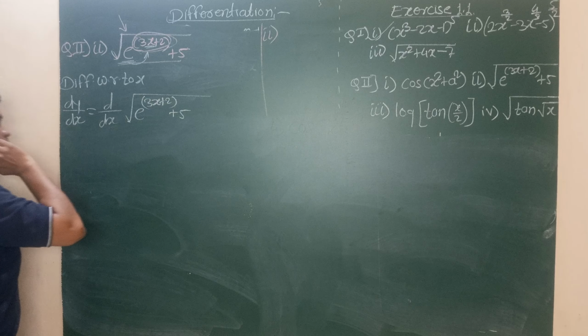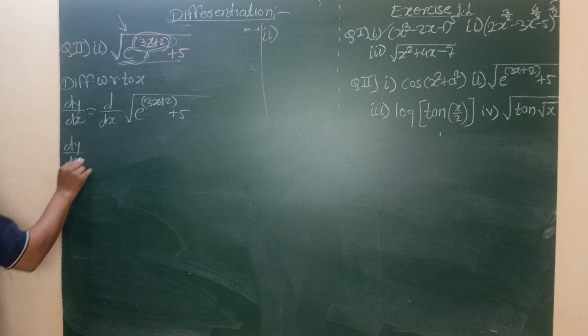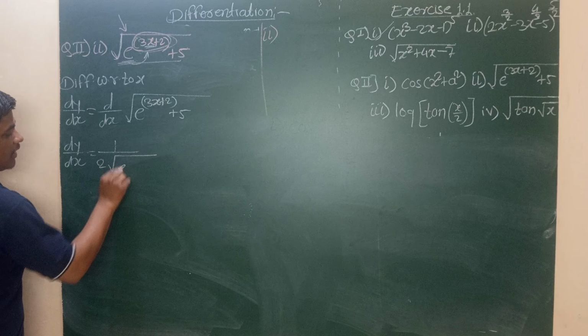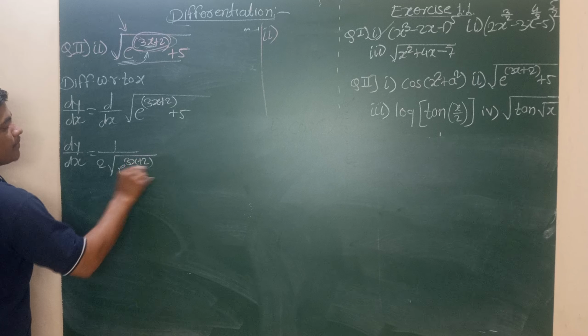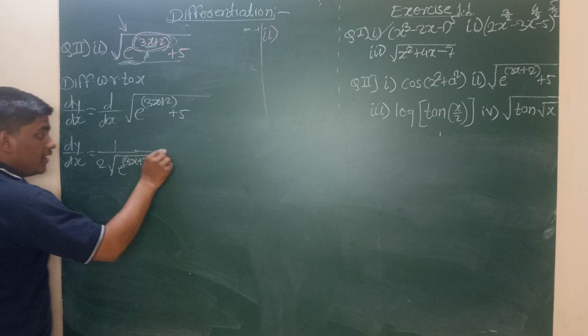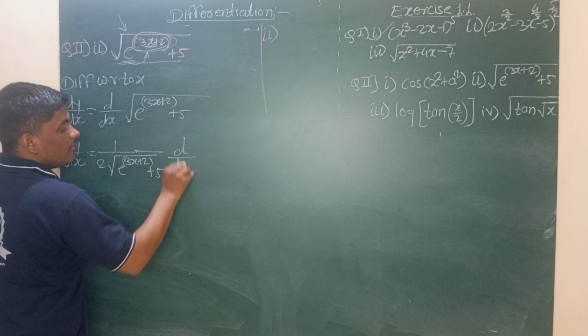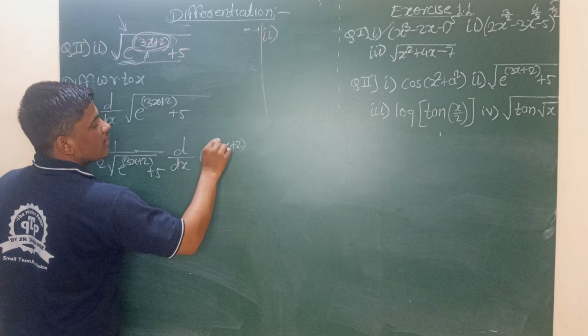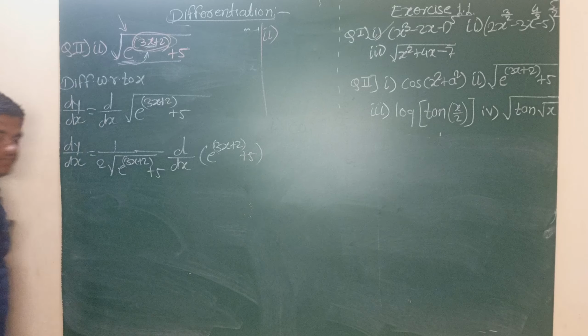We know the differentiation of the square root of x. So dy by dx is equal to 1 upon 2 root of e raised to 3x plus 2 plus 5, into the differentiation of the function e raised to 3x plus 2 plus 5.